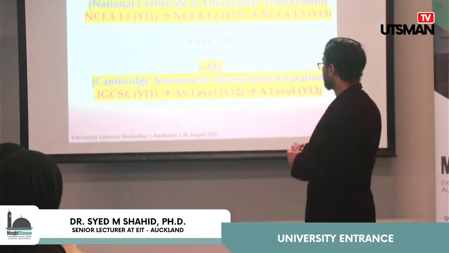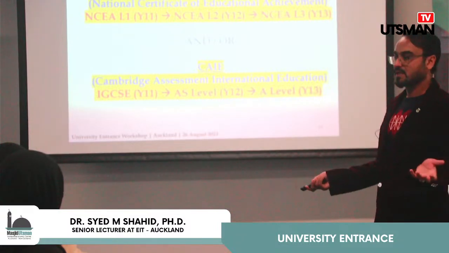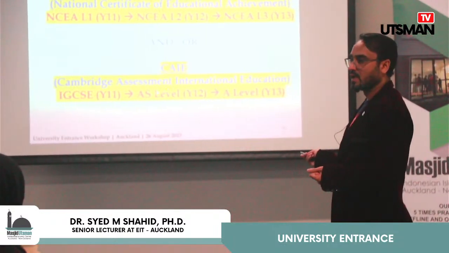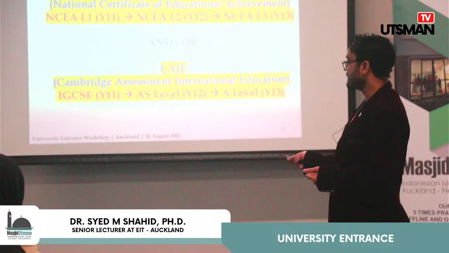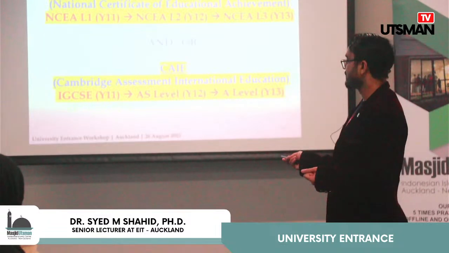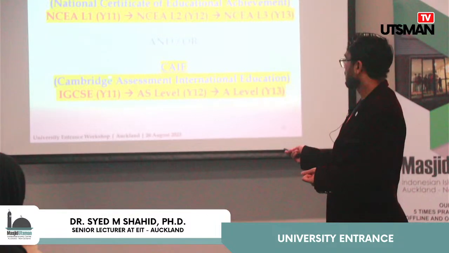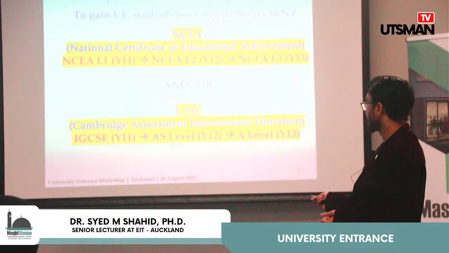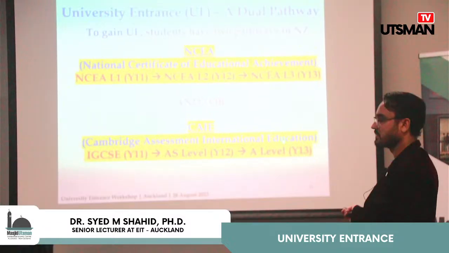There is another path which we call Cambridge. Usually we call it Cambridge, but this is CIE, Cambridge, and the stages are IGCSE, International General Certificate of Secondary Education, year 11. If you complete AS level, which is year 12, and then you move to A level, year 13.